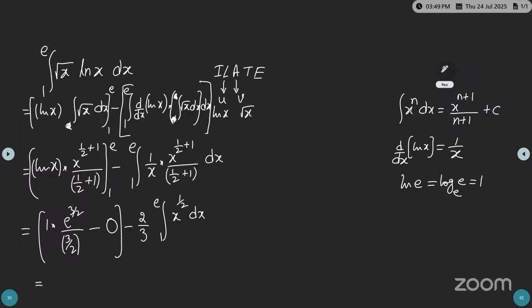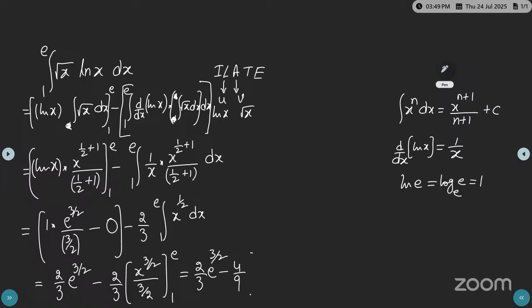So this is 2 by 3 e power 3 by 2 minus 2 by 3, again x power 3 by 2 by 3 by 2, limits from 1 to e. 2 by 3 e power 3 by 2 minus 4 by 9 e power 3 by 2 minus 1. 2 by 3 minus 4 by 9, take LCM 9: 3 3s are 9, 2 3s are 6, 6 minus 4, 2 by 9 e power 3 by 2, plus, minus of minus is plus, 4 by 9. This is the answer.